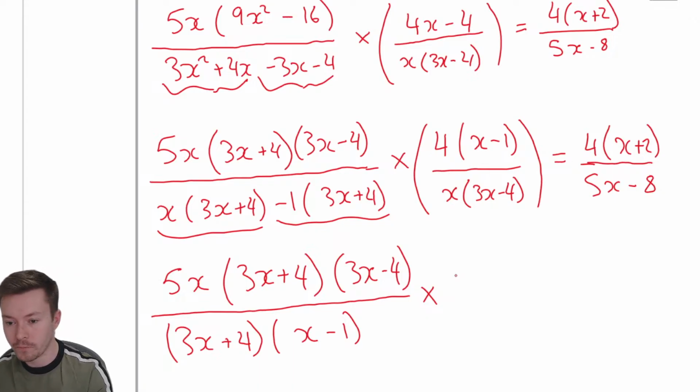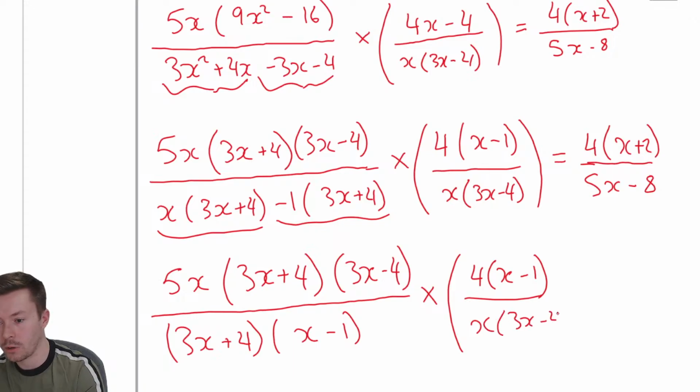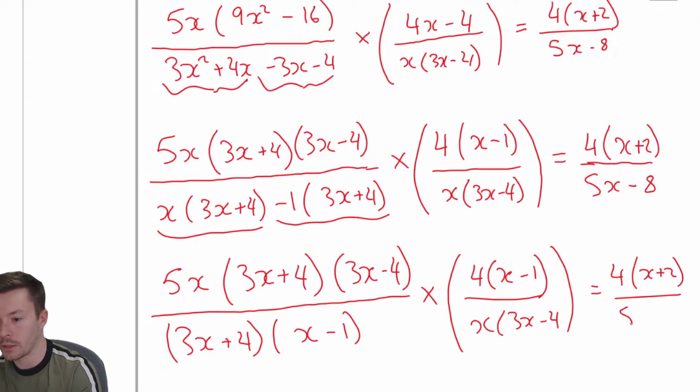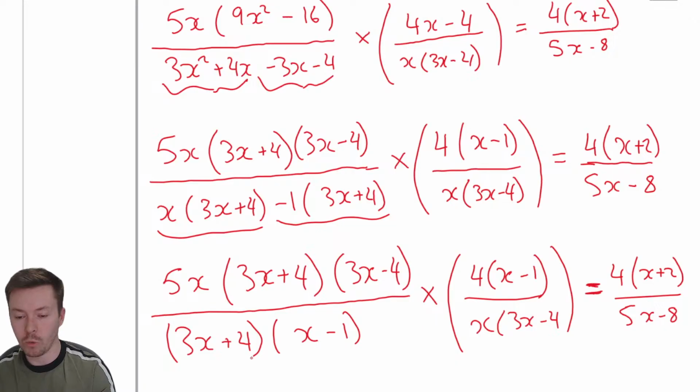Right, carrying on. We have now got to multiply this next by this for x minus 1, and on the bottom, x brackets 3x minus 4. We're nearly done. 4 brackets x plus 2 over 5x minus 8. We need to make it on the left-hand side of this equals one fraction before we start solving. Before I do the next line, this will cancel with this, so that's gone.